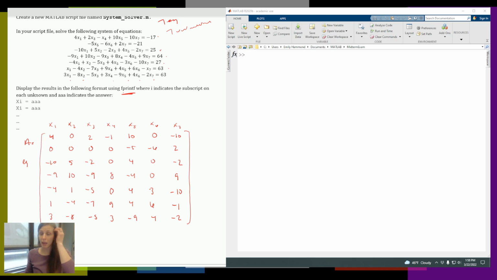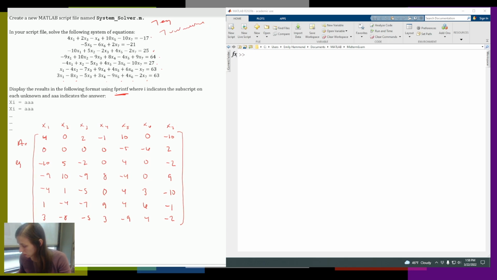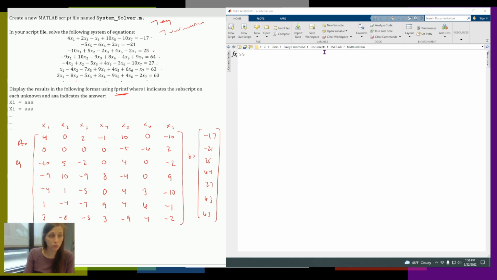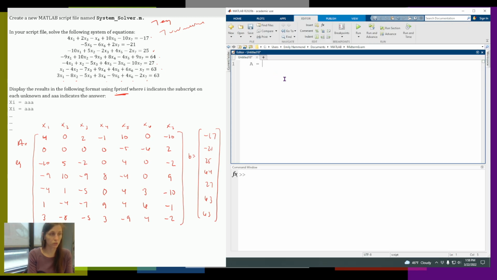There we go. There is my A. It's a 7 by 7. My B are just my values on my other side. Negative 17, negative 21, 25, 64, 27, 63, 63. To solve it in MATLAB, all I do is enter in those numbers. So, there's a lot of them. 4, 0. Just enter it in.